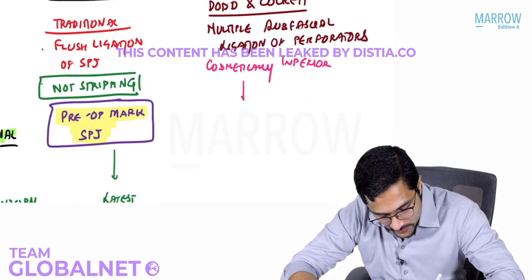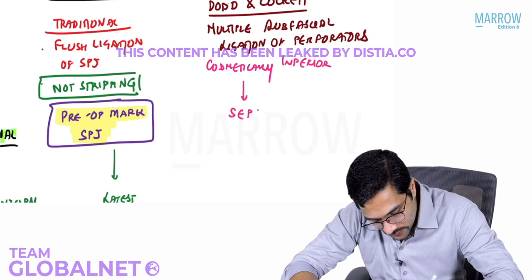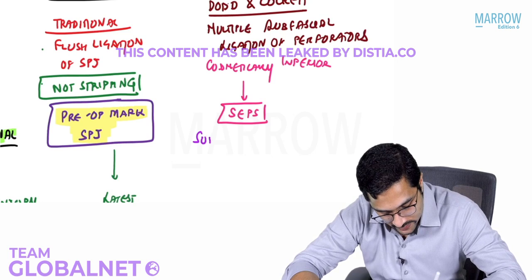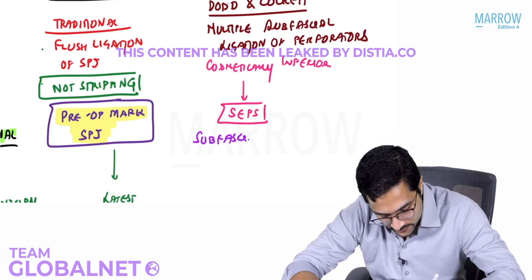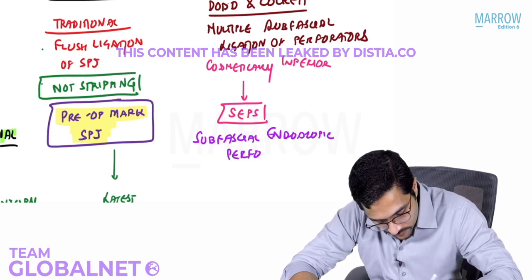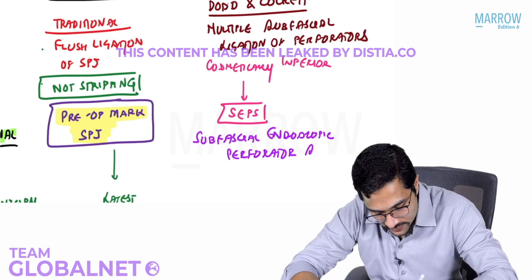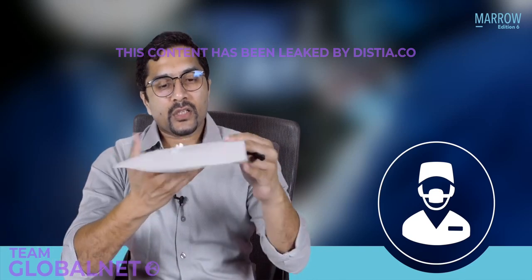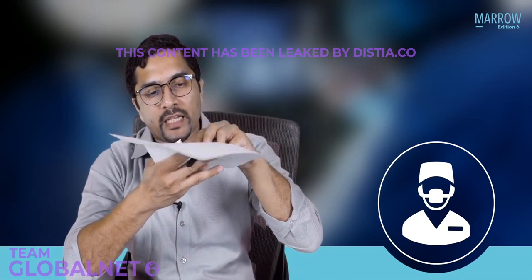So after Dodd and Cockett came a procedure which was known as SEPS. SEPS has also been asked in the exam multiple times. SEPS is subfacial endoscopic perforator surgery. So in SEPS, what is done is that through one of the incisions, we are going to put in a camera.